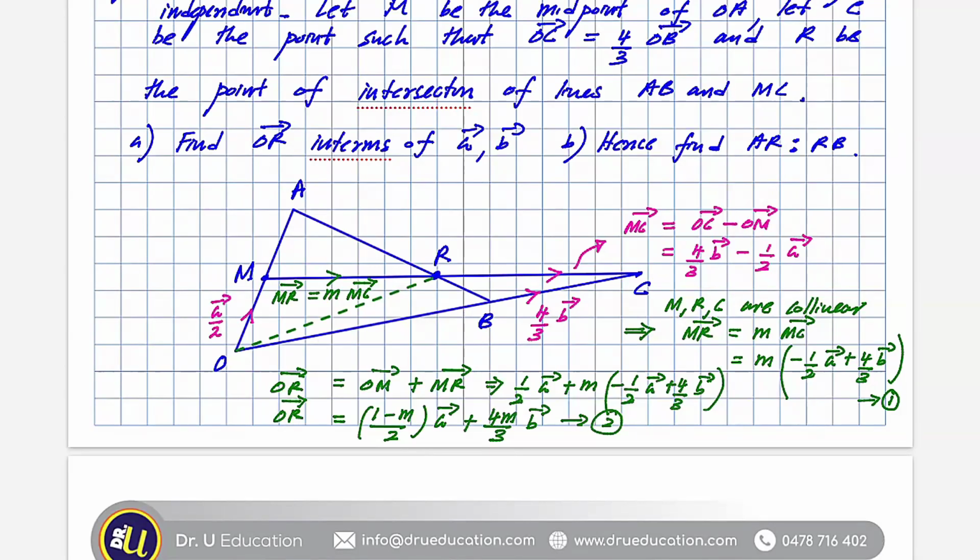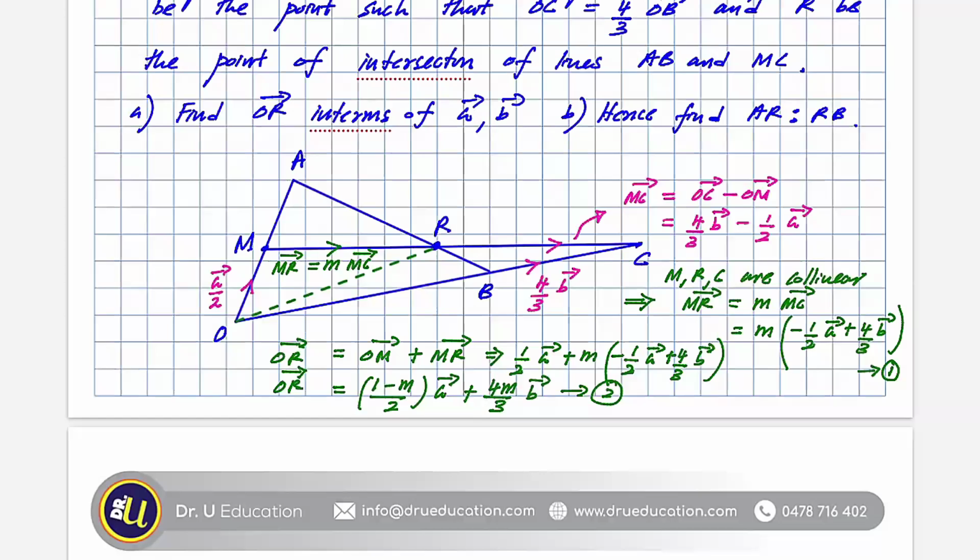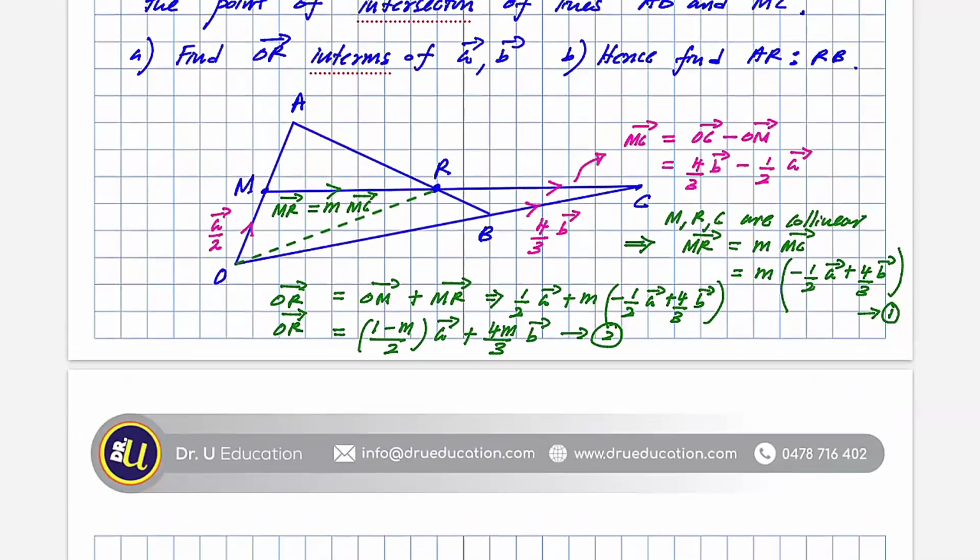Now you read the question carefully: OR in terms of A and B. So you have A and B, but you have this additional term M. So somehow you need to get rid of that. Right, so now we are looking at AR.